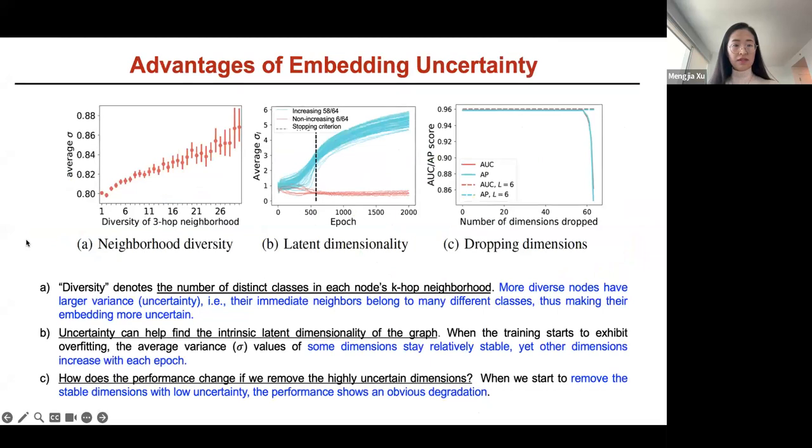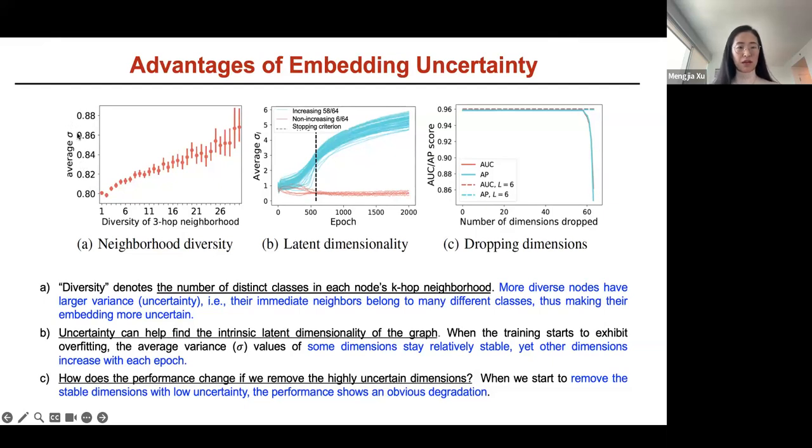On this slide, I mainly want to present the advantages of embedding uncertainty in the latent space using the stochastic graph embedding approach. In the first figure, A, we show the neighborhood diversity on the x-axis, and the y-axis shows the average sigma at the node level in the embedding space, averaged over all graph nodes.